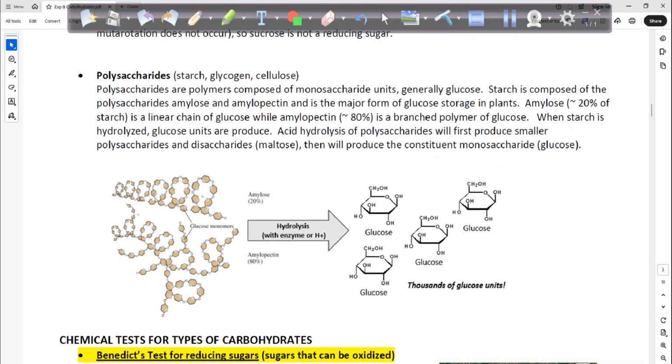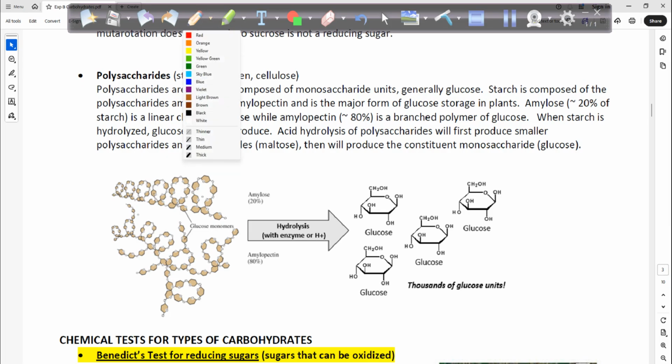And the last ones are starch, cellulose, and glycogen. Starch is a multiple amount of glucose. If you go to cellulose, maybe 200, 300, or 400 glucose combined together.